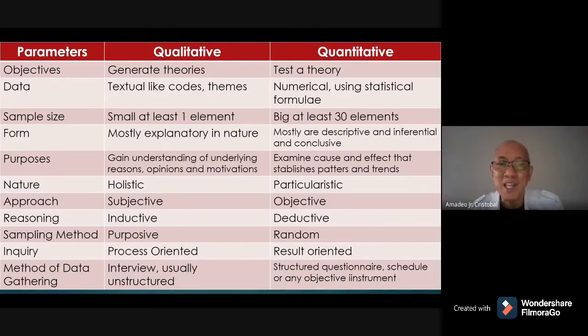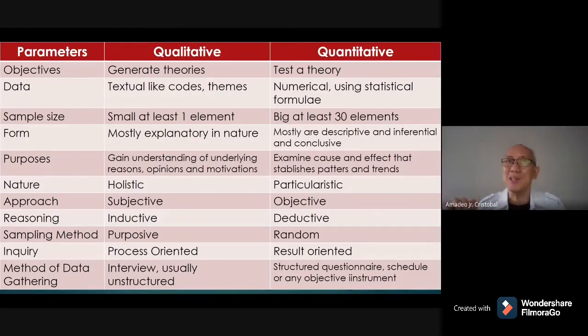But in a quantitative, because you have already delimited it, you will concentrate only on the variables and the sub-variables. You will just confine your discussion to what is written in the instrument. So we call that particularistic.